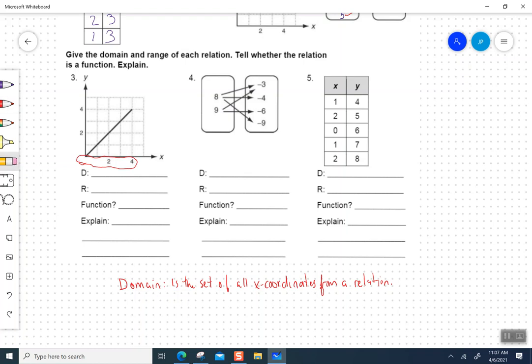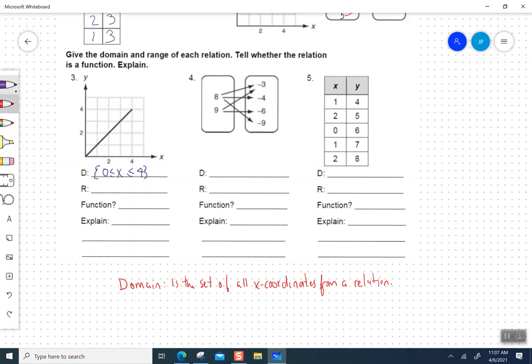So only those numbers, only where the graph exists. So if that's the case, then my domain is, here we go, where's my little squiggly? Everything from 0 all the way to 4, including the 4 and the 0. There's my domain.